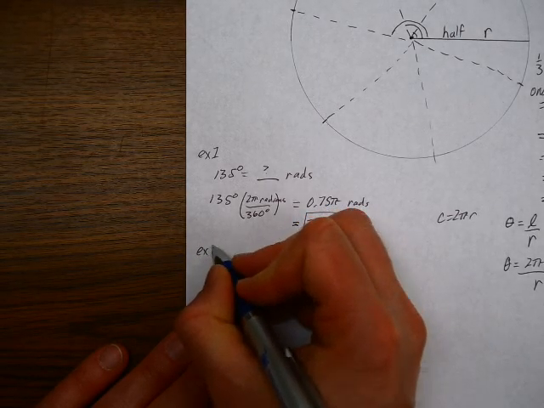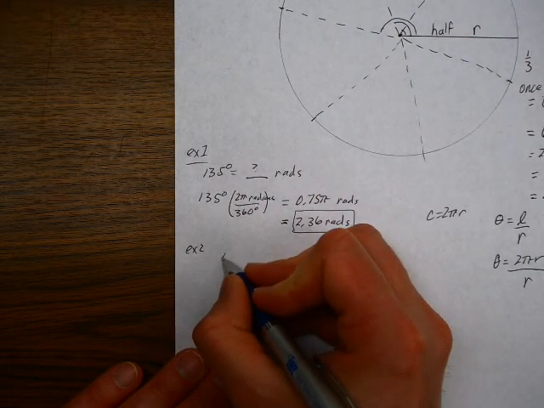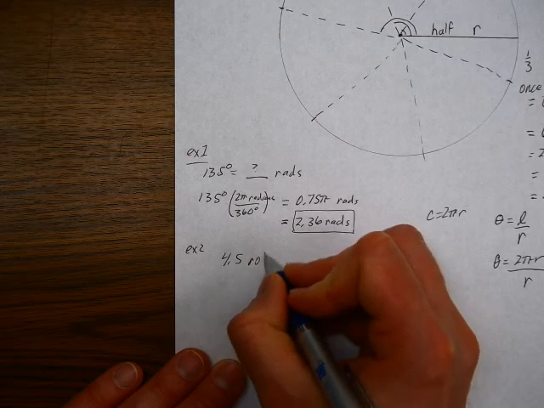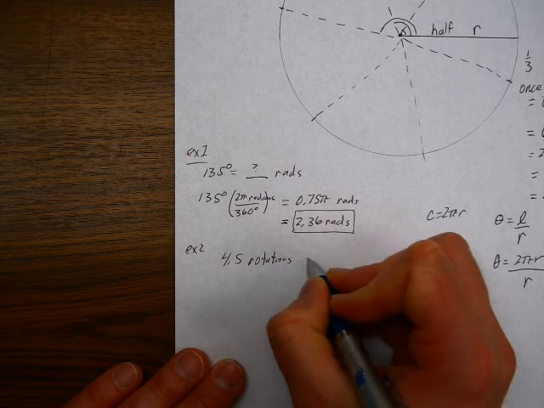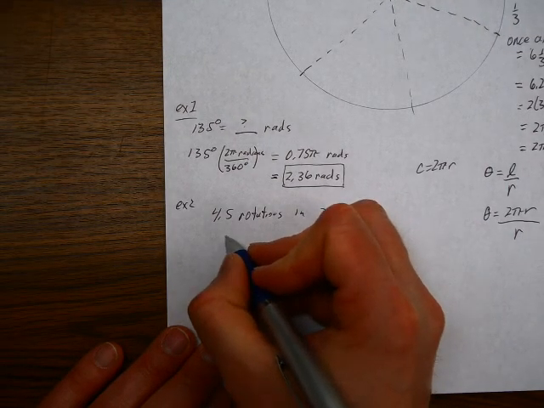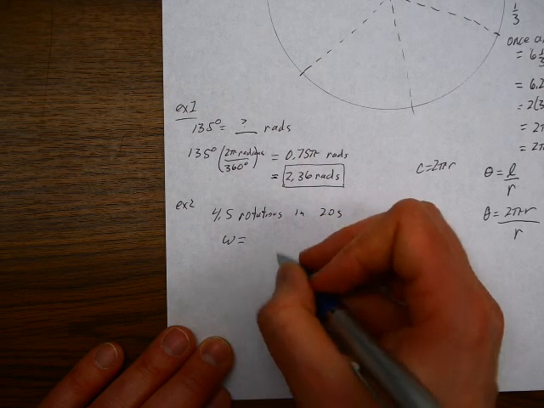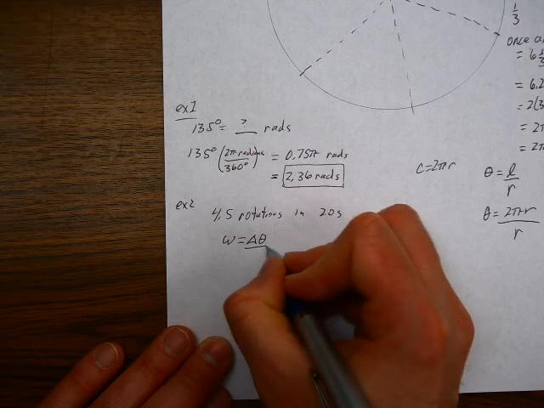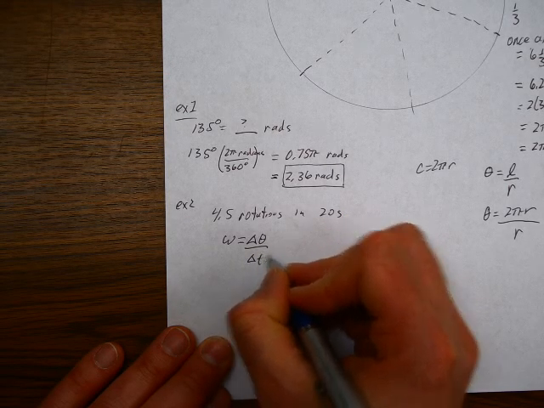Or a little bit more of a physics-y example, if you had something that was going 4.5 rotations in 20 seconds, then our definition of angular speed, rotational speed, is the angle it travels divided by the time.